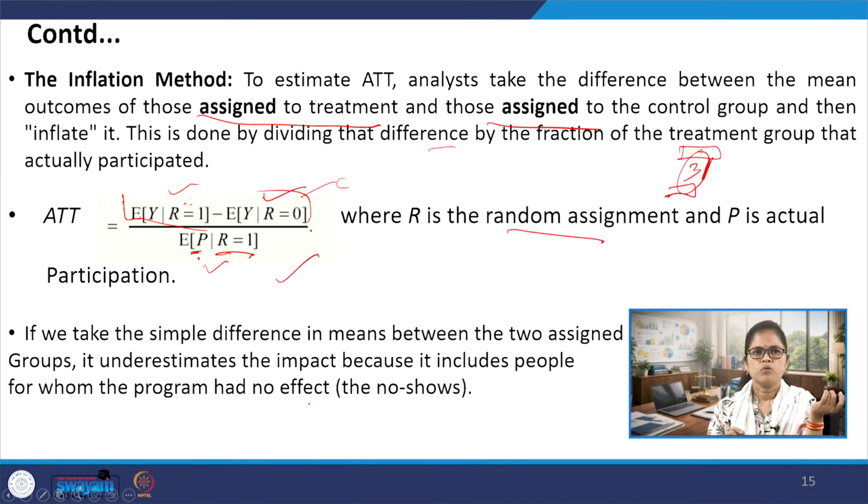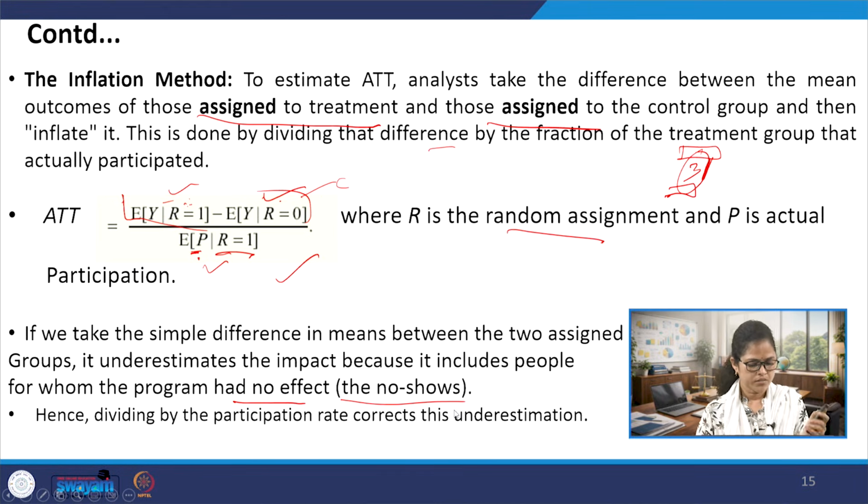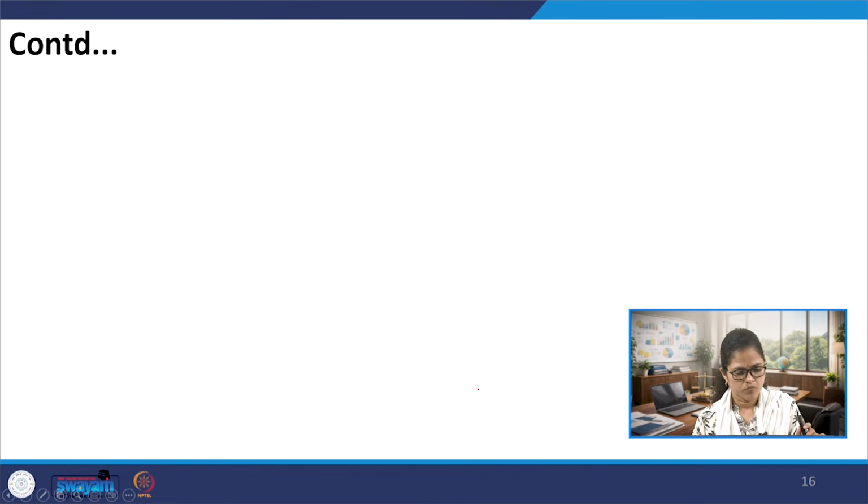Because it includes people for whom the program had no effect. In this group we are also including the no-shows. So in order to separate them and find a robust calculation, we divide by the participation rate, and by dividing by the participation rate, we can correct this underestimation.